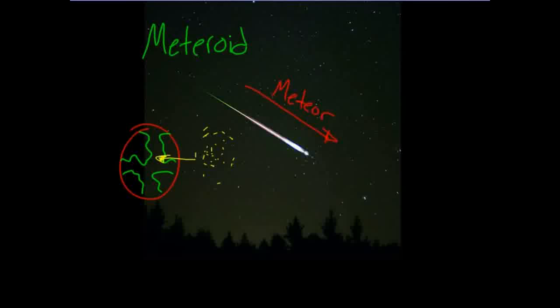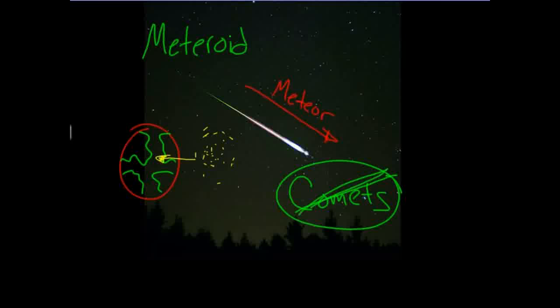Now, we don't want to confuse meteors with their cousins, comets. Whenever we see a meteor, they are moving through our atmosphere very, very fast, and they go pew, and then they burn up. Sometimes if you get a larger meteoroid, it'll strike the ground, and then it becomes a meteorite.